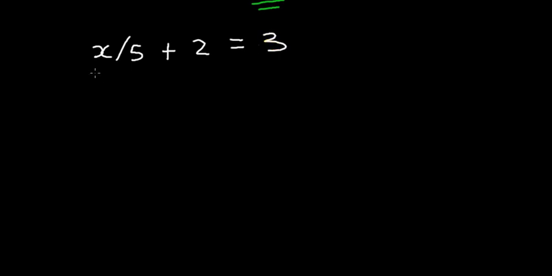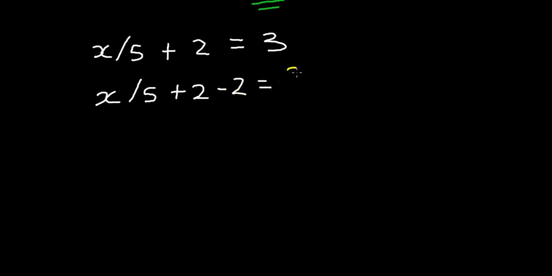Okay, we eliminate this first. So x plus 2, opposite of addition is subtraction, so you can always think of it that way. So with minus 2, we do the opposite to it in order to eliminate that particular number.